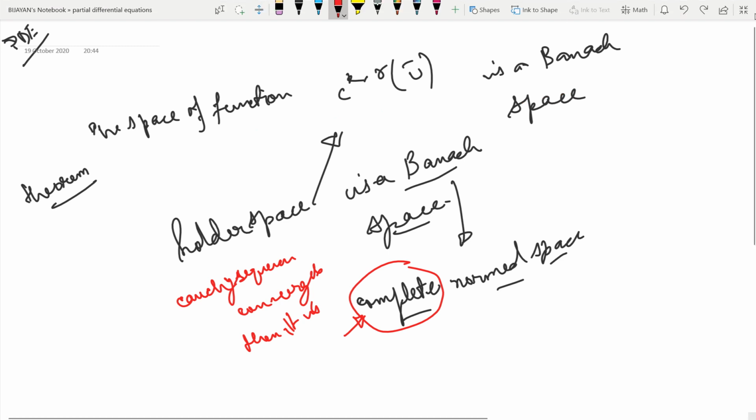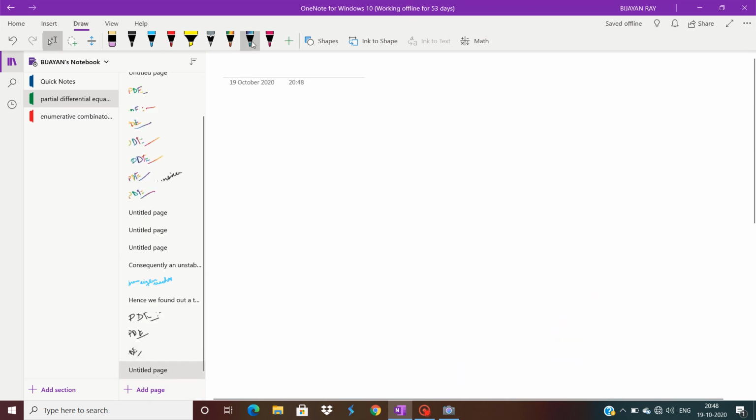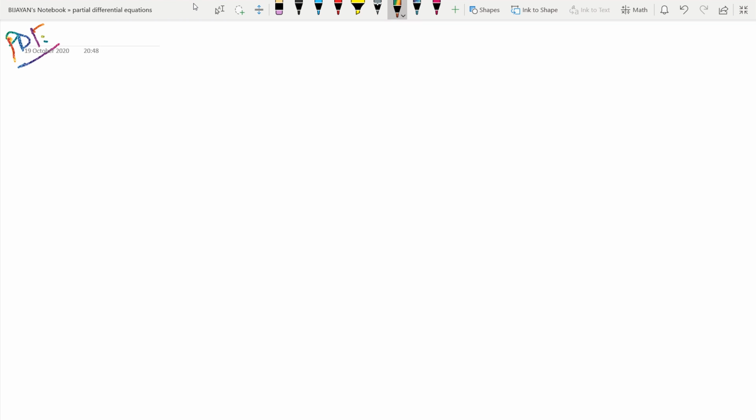So now let's get ahead, and now we shall discuss the Sobolev space. Let's get into the heart of this chapter. Before starting off with the Sobolev space, we shall discuss weak derivatives.